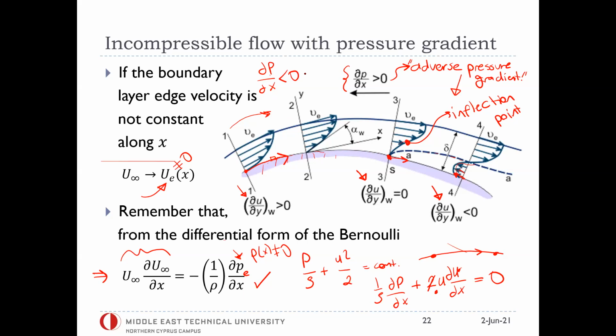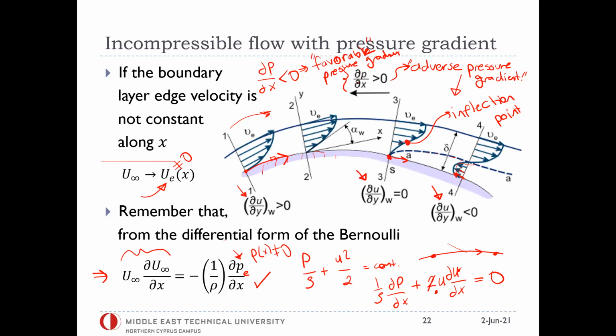So in the fluid mechanics literature, we know this as a favorable pressure gradient, and the word favorable does have a positive meaning. Favorable means it's something that fluid particles favor, something they would want.